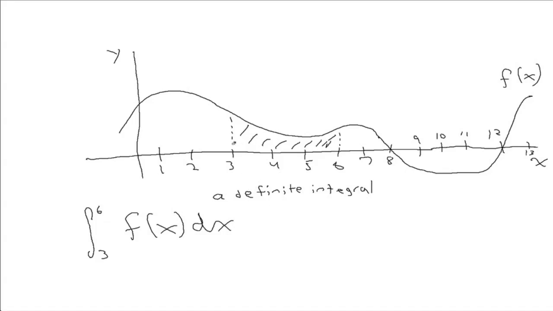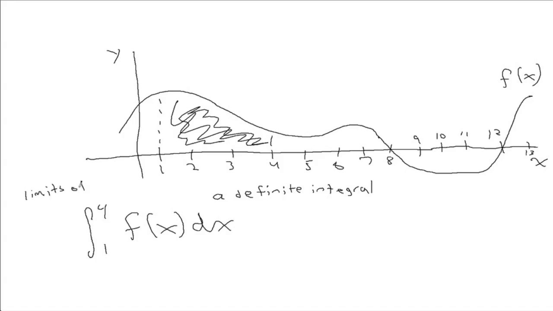All right, so now what, for example, would this be? Well, that would be this area, if you see what I'm saying. These numbers here are called the limits of integration.